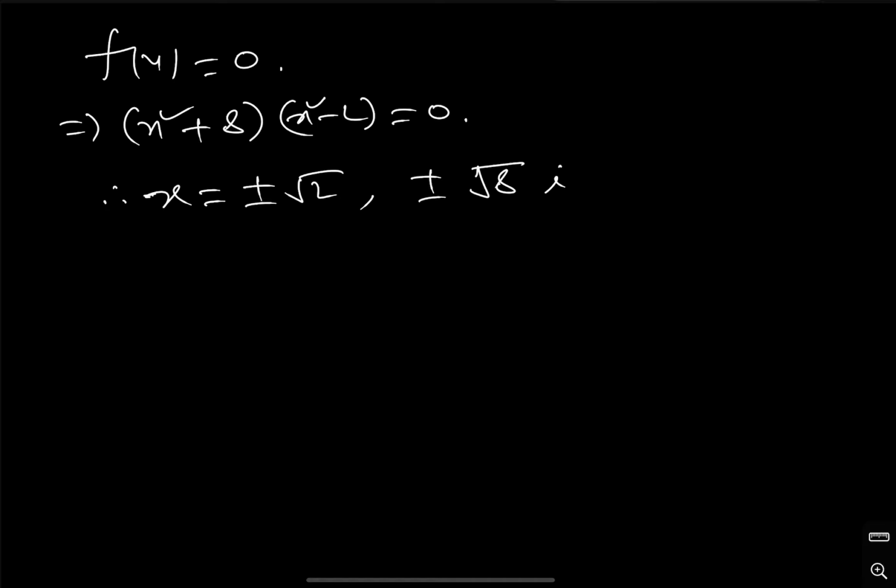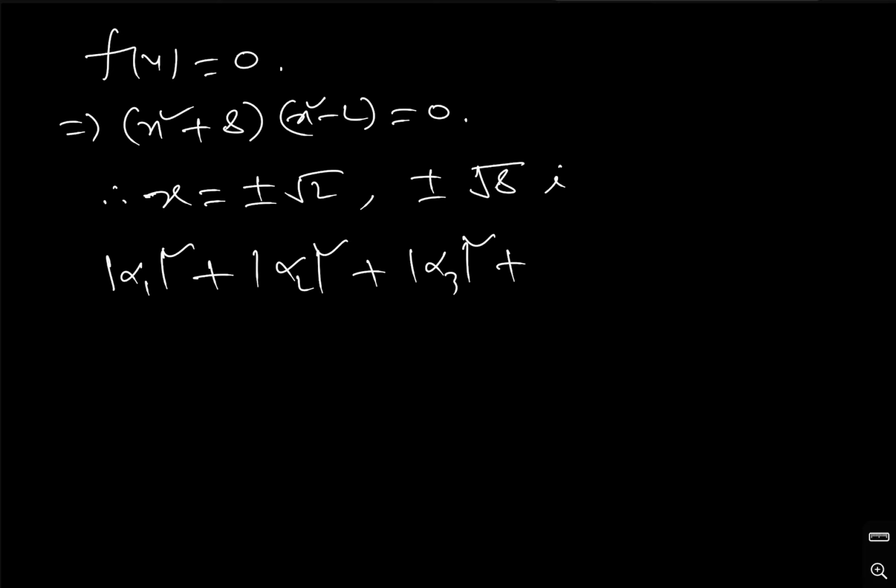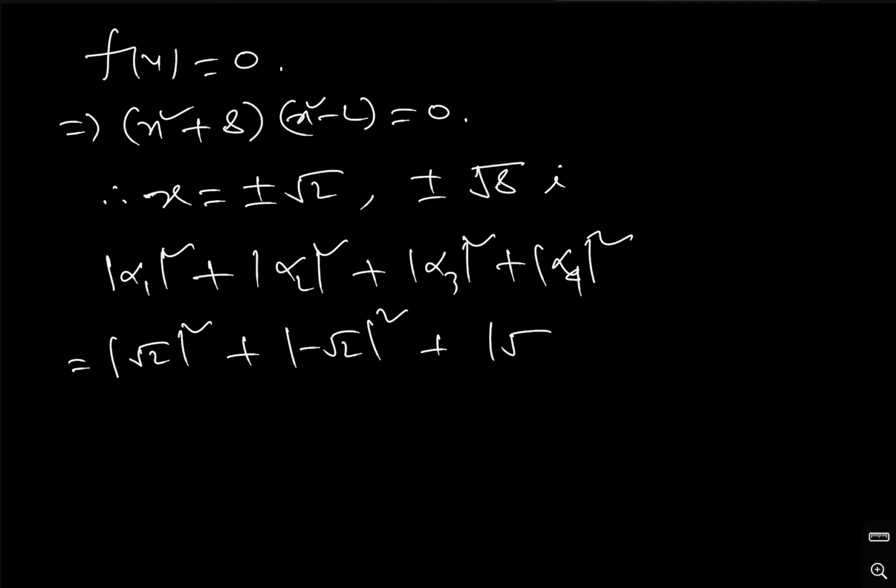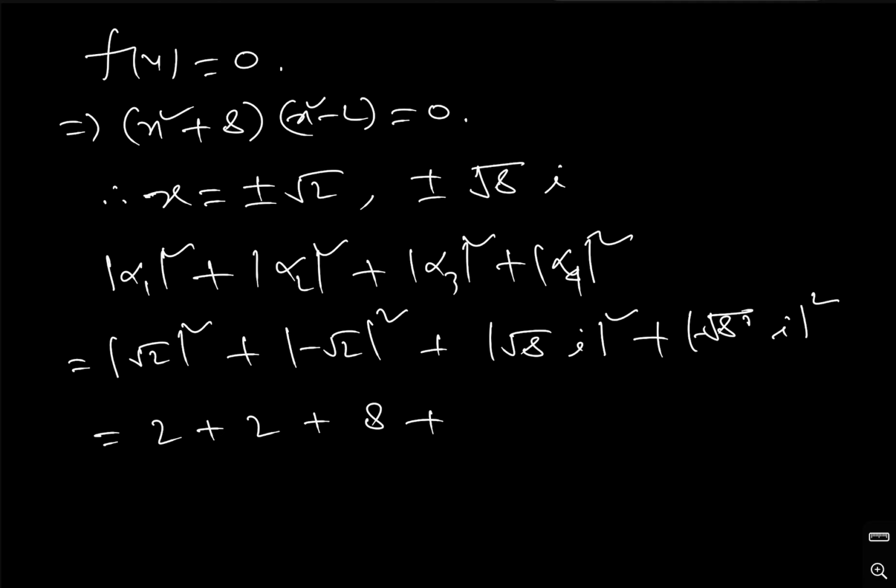Okay, so finally |α1|² + |α2|² + |α3|² + |α4|² will be |√2|² + |-√2|² + |√8 i|² + |-√8 i|². Now |√2|² means 2, and this is also 2, and |i| equals 1, so this will be 8, and this will again be 8.